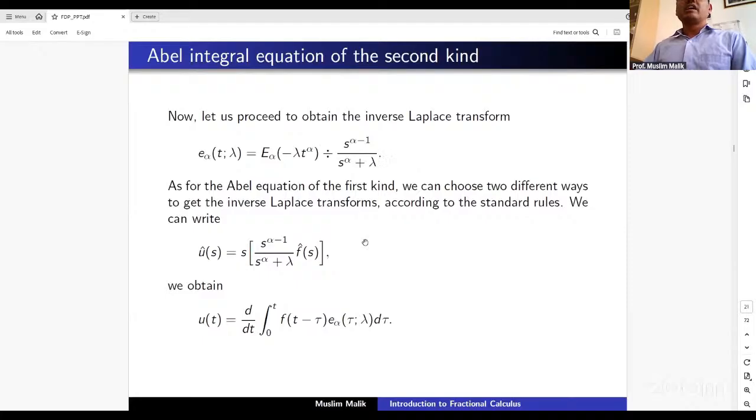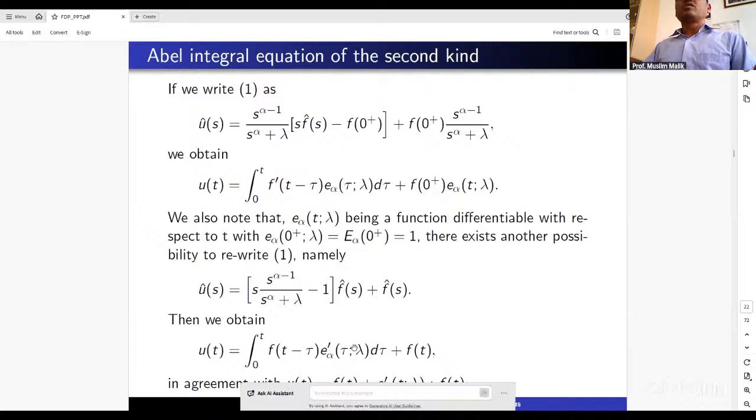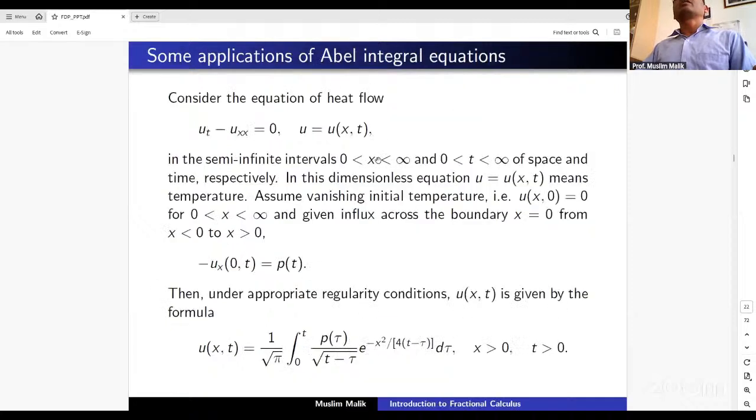We replace that, take the inverse Laplace transform and find the solution, and then we can use fractional calculus theory. In the second way, in the derivative form, we can also find the solution.